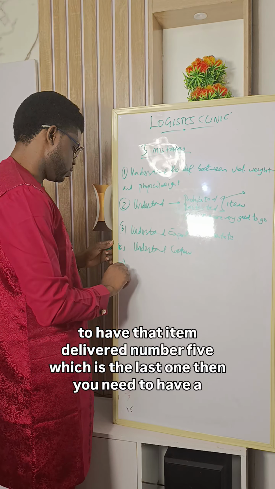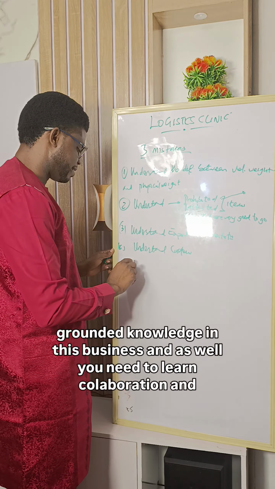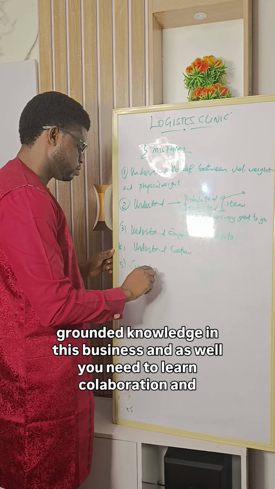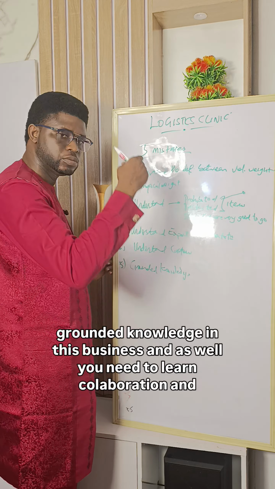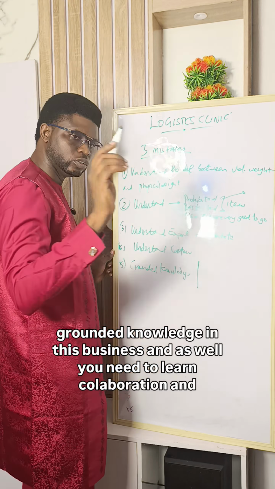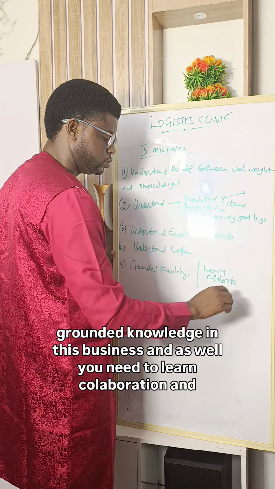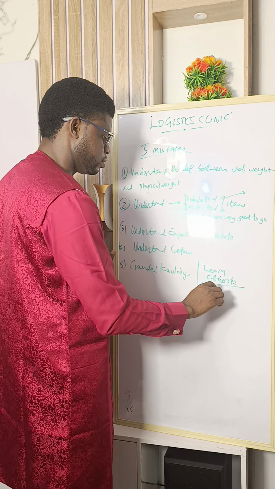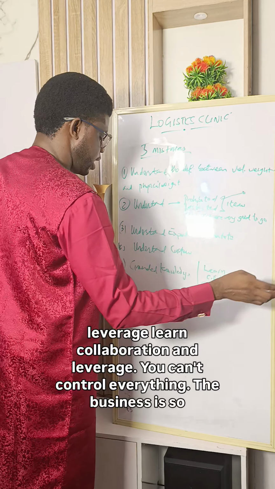Number five, which is the last one, you need to have a grounded knowledge in this business. And as well, you need to learn collaboration and leverage. Learn collaboration and leverage.